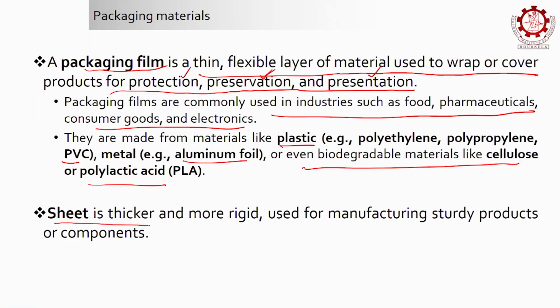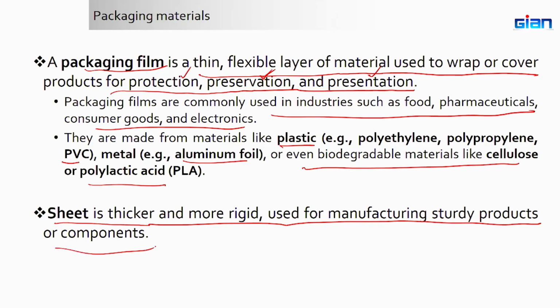There are multiple other methods, some of which you will see here. I have a very short video. Other than a film, a sheet is a thicker and more rigid material used for sturdy products or components. I will give you one very simple example. If you buy toys, they have small balls made of thermocol. How can we replace that?